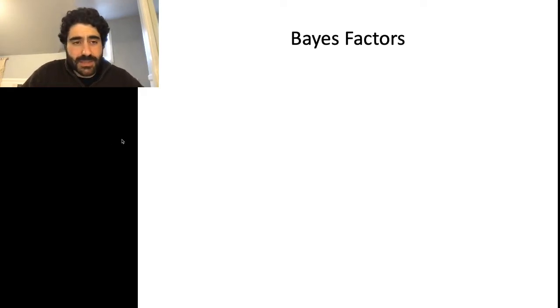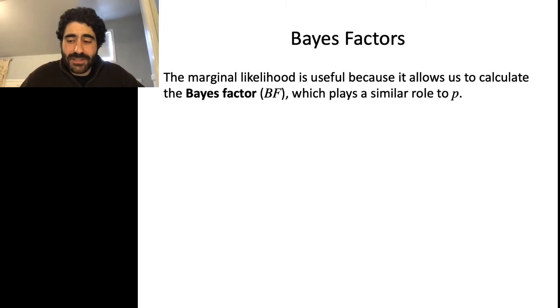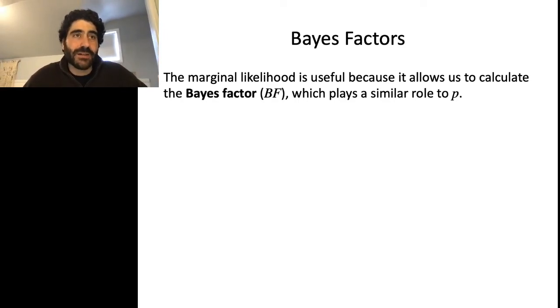There's one more concept we're going to talk about before we do math, which is the idea of a Bayes factor. These marginal likelihoods allow us to compute the Bayes factor, which is one of the main outcomes often in a Bayesian analysis. It plays a similar role to the p-value in the sense that we're trying to compare hypotheses.